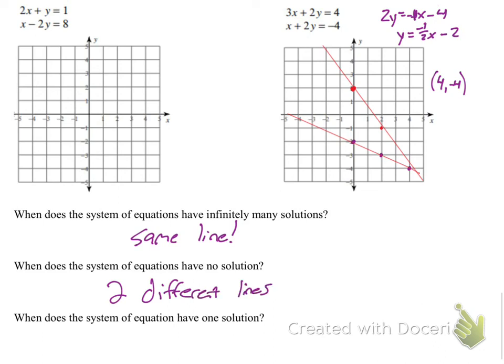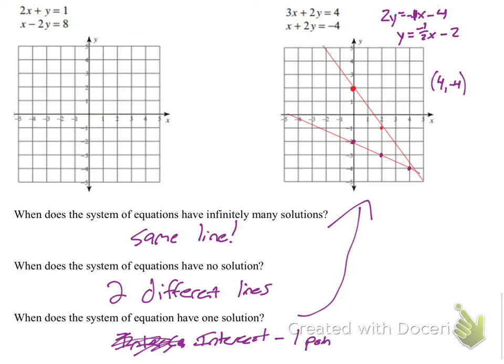And when does the system of equations have one solution? Well, that's just like the ones we did up here, where they intersect, and then you get one point with an x and a y.